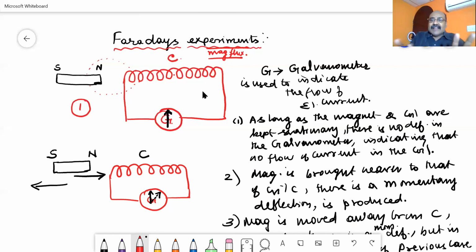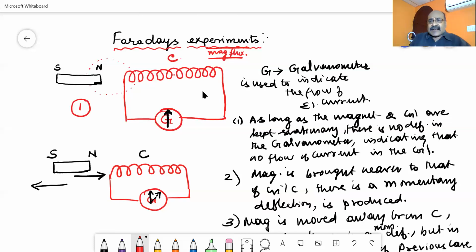See, in all these activities, what are the activities? By taking the magnet towards the coil, or away from the coil, or by rotating the magnet and keeping the south pole nearer and taking the magnet towards the coil or away from the coil, or keeping the magnet stationary and moving the coil either towards or away, or moving both the coil as well as the magnet either towards or away.